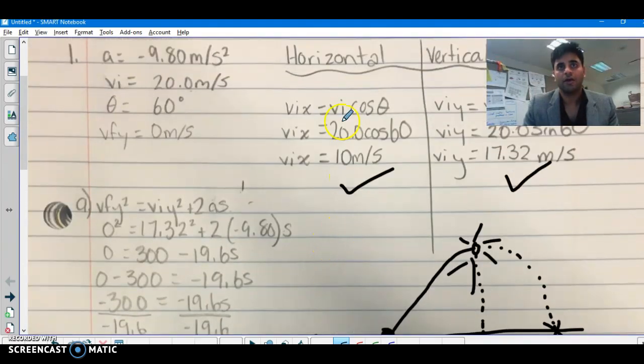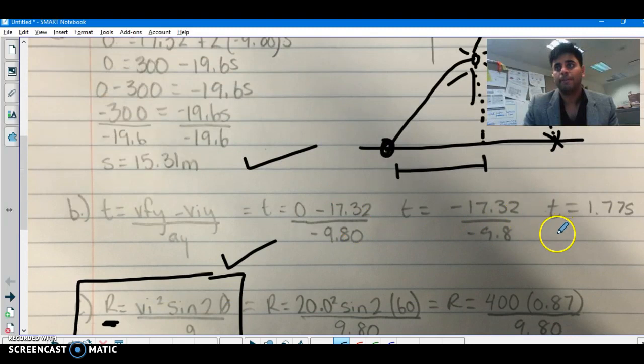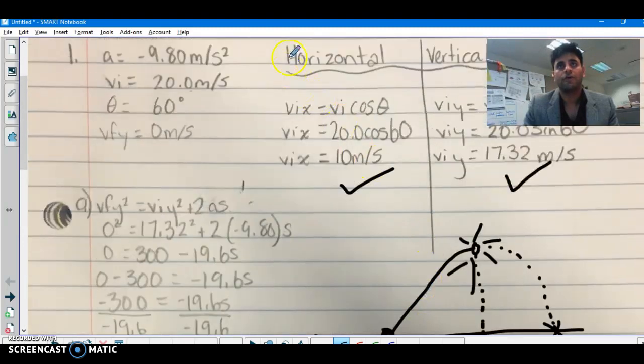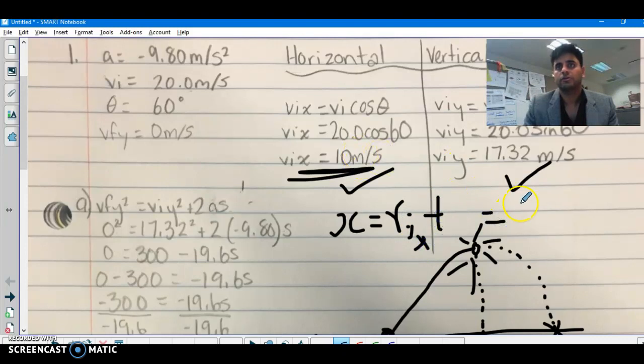Now you have time, now you have initial velocity on the x, so you will say x, which is range, is equal to v initial on x times t, which is equal to 10 times 1.77, and whatever your answer is, that's going to be your solution.